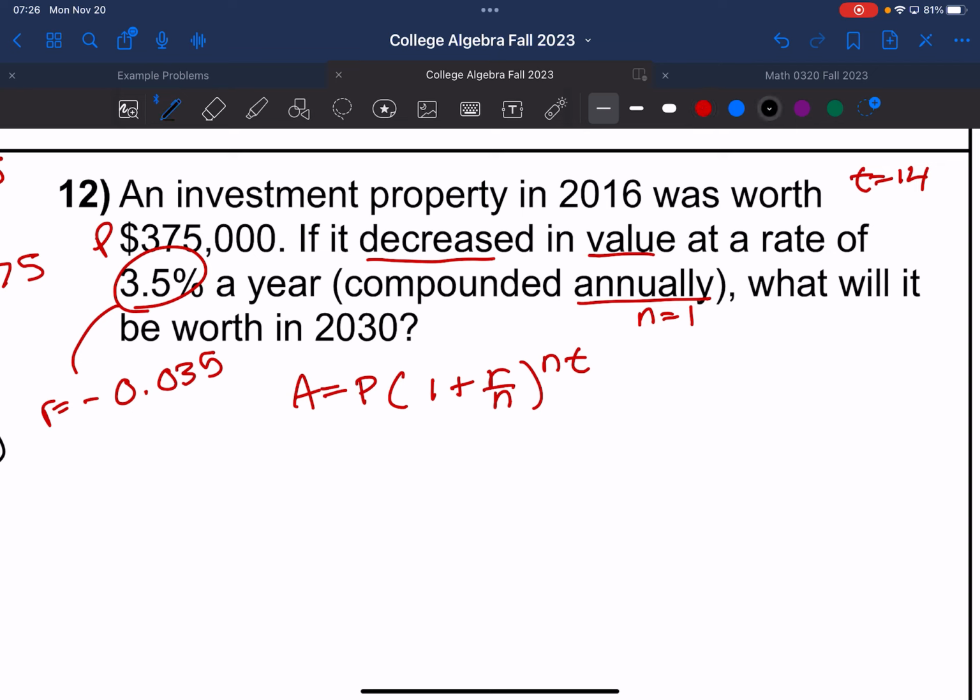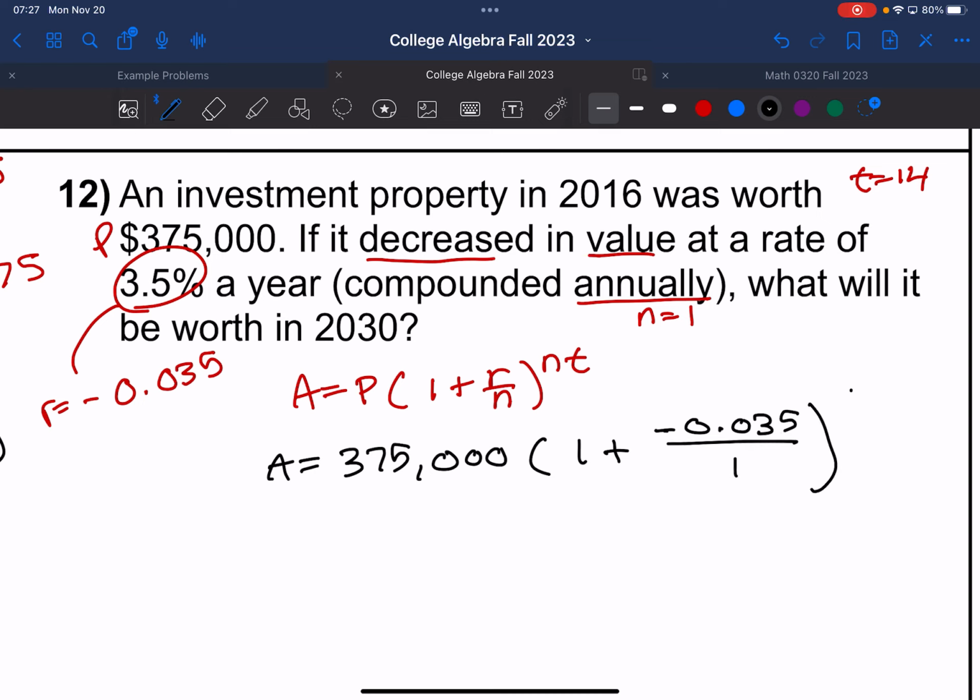Okay, so plugging everything in, we have A is equal to 375,000 times 1 plus our negative rate, so negative 0.035 over n, which is 1, to the power of 1 times our time, which is 14 years.